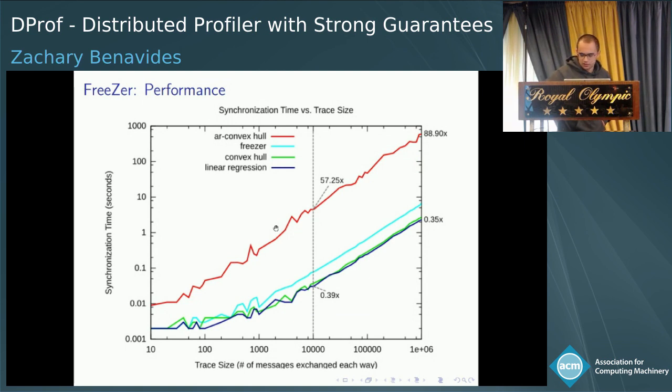So the AR convex hull method is quite expensive. It will give you the bounds if you care about them, but it does so at a huge computational cost. Whereas Freezer is able to give you those bounds at a cost that's higher than convex hull and linear regression, but not by a whole lot.